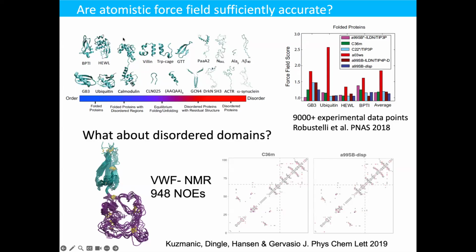So I would say, when you look at the opening of cryptic pockets, I urge you to use a force field that also works well to capture partially unfolded domains, or anyway the flexibility, not just a very rigid domain.